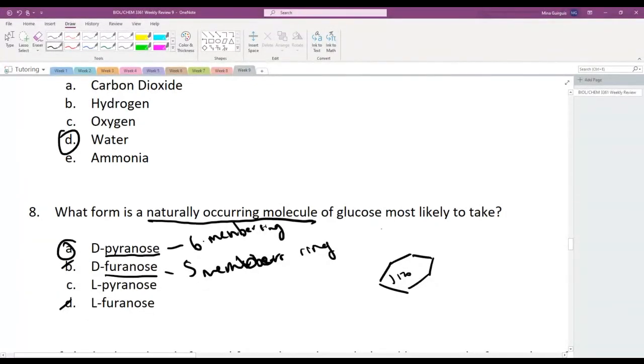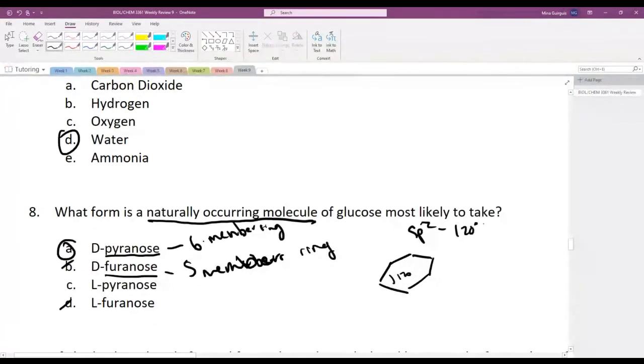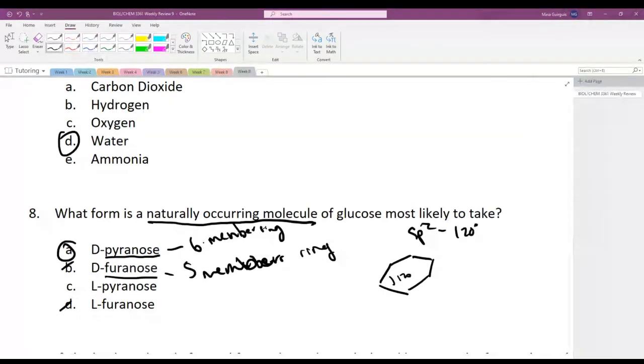If it's going to be flat on the page, it'll be sp2, which will give you 120 bond angles. Obviously, you can still take on chair or what are called the boat conformations with these, and so it's not always going to be flat, but there is a little bit more ring strain with anything that's not a 6-member ring. Okay? Good question. Really good question.